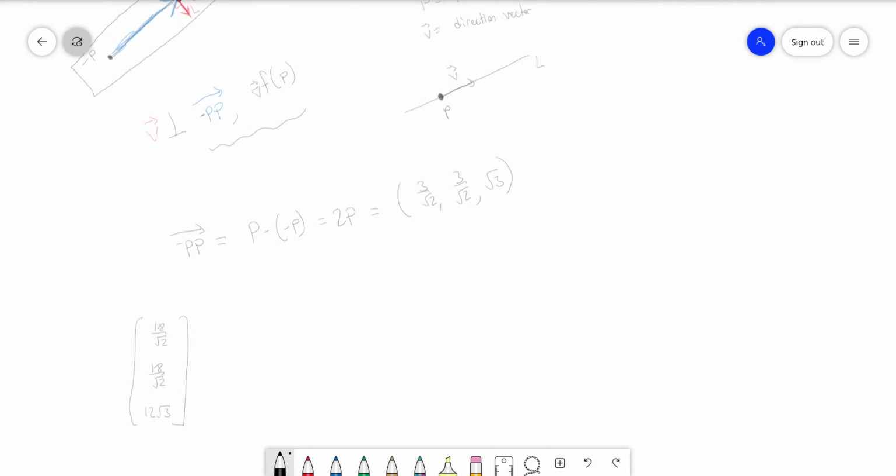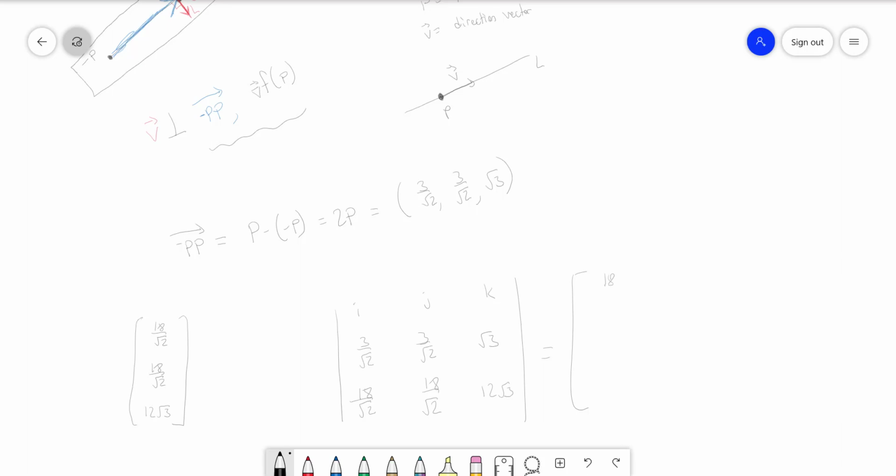Okay. So the direction vector for the line that we are looking for is perpendicular to both of them. Therefore, to get something perpendicular to both of these guys, we'll do their cross product. So let me try to do that real quickly. So 36 root 3 over root 2, and then minus 18 root 3 over root 2.